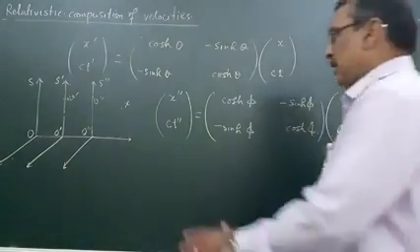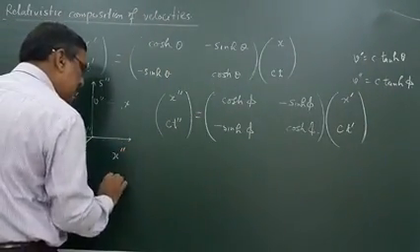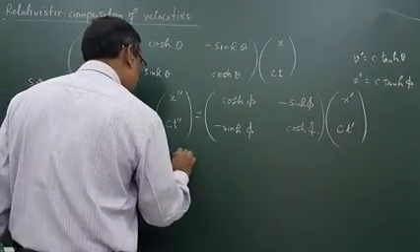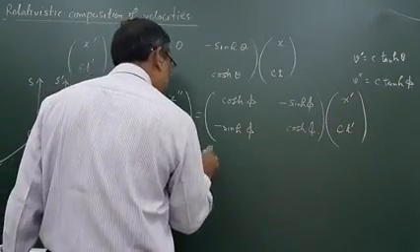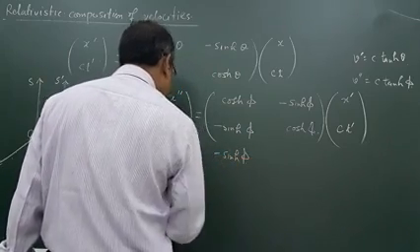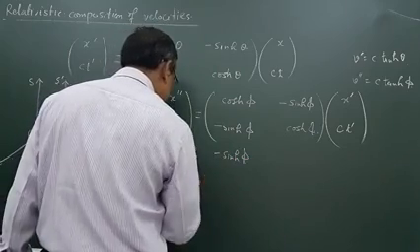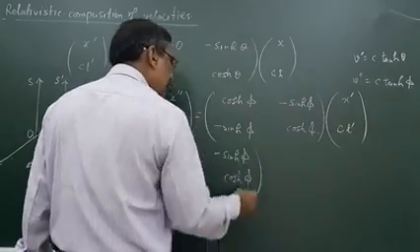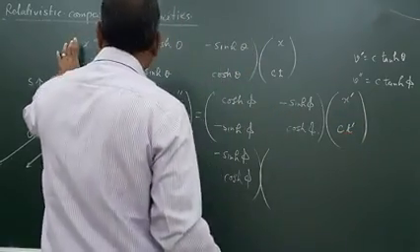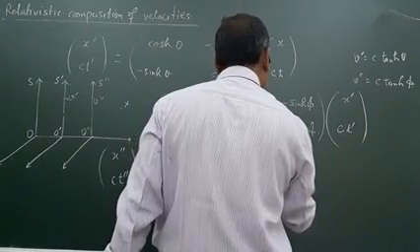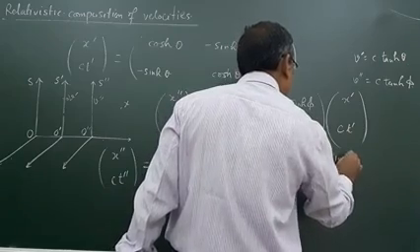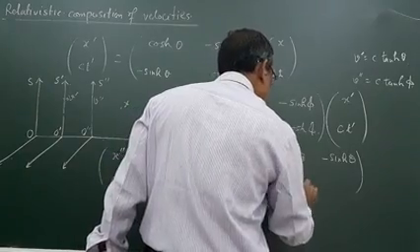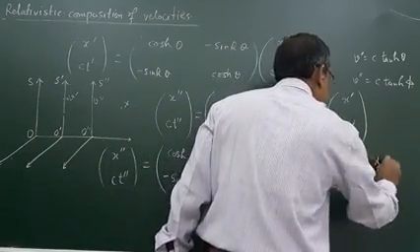Now I can write x double dash and ct double dash will be equal to the matrix cos hyperbolic phi, minus sin hyperbolic phi, minus sin hyperbolic phi, cos hyperbolic phi, and x dash and ct dash is nothing but this one, so I can write the matrix cos hyperbolic theta, minus sin hyperbolic theta, minus sin hyperbolic theta, cos hyperbolic theta, times x and ct.